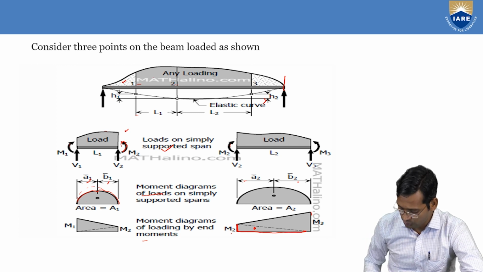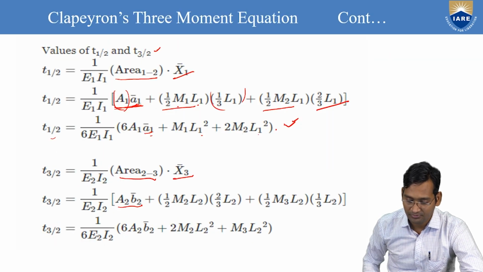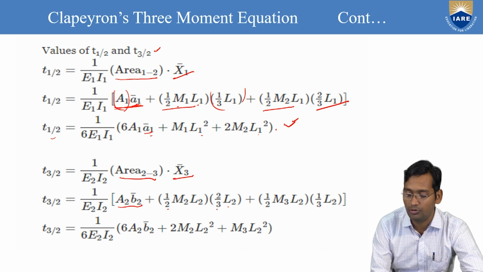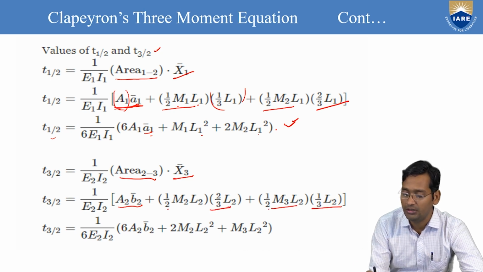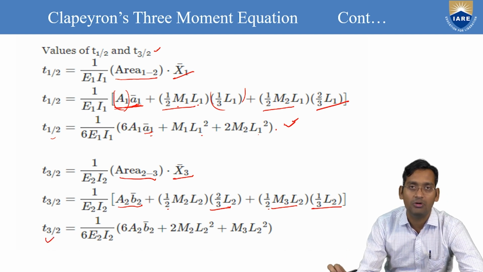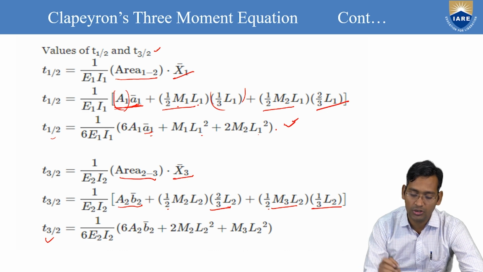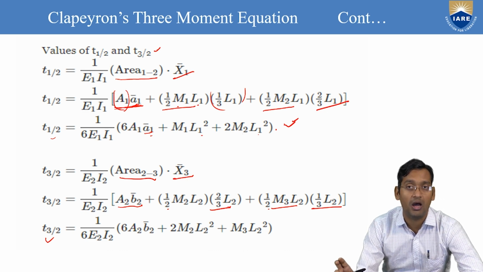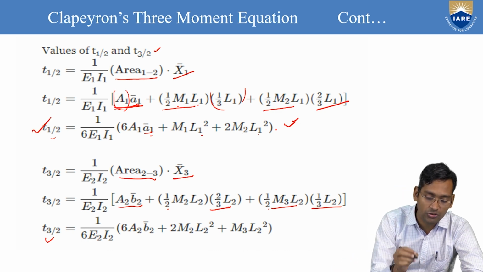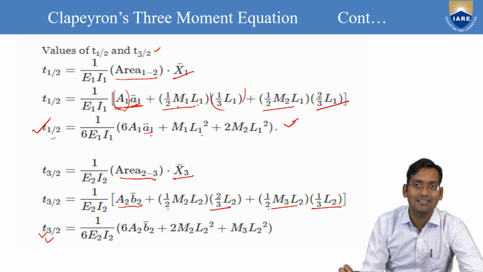So half M2 L2 into 2/3 L2 plus half M3 L2 into 1/3 L2. After simplifying, we get T3 to 2 as 1 by 6 E2 I2 into 6 A2 x2 bar plus 2 M2 L2 square plus M3 L2 square. So now we have T1 to 2 and T3 to 2.